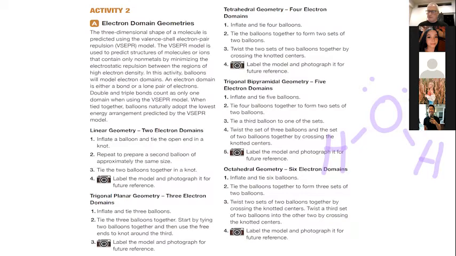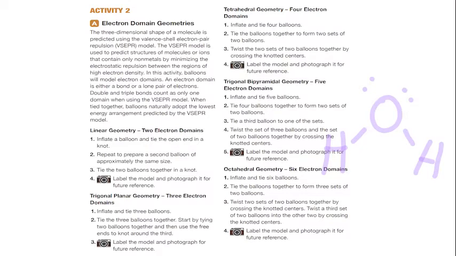Sadie? I'm not sure. Okay. Emily? Electron domain. Ooh, Ezekiel's sort of onto something. So Ezekiel says something about the location of the bond, and location is sort of getting us closer to what we're talking about.